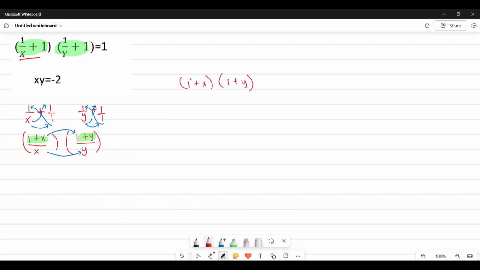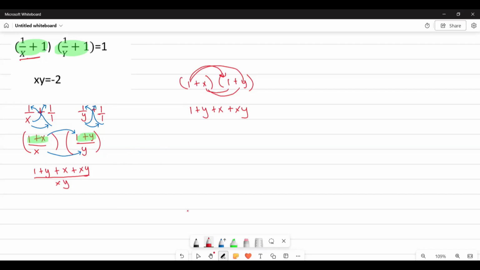If I FOIL this out, 1 times 1 gives me 1. 1 times y gives me positive y. x times 1 gives me positive x. x times y gives me xy. So on top, what I really have is 1 plus y plus x plus xy, and all of that is over x times y, which is xy.